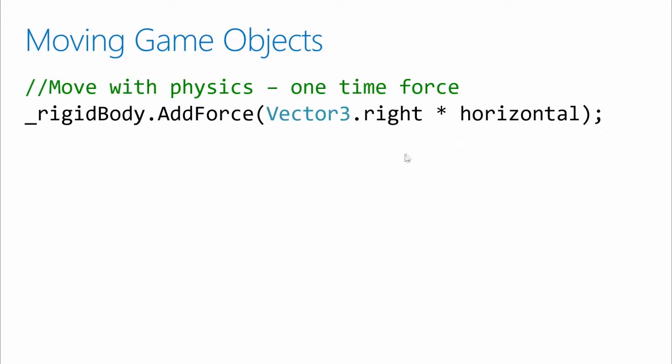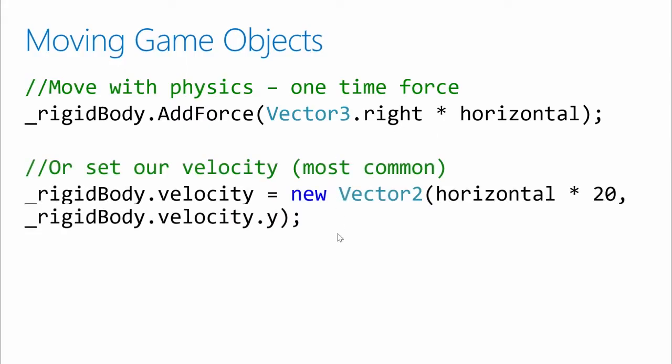Or if you want to act like you kicked an object, you could say add force and give it a vector of a direction, maybe 1, 5, 8, and then you give it some value of force. The most common way, and the way that we'll look at very shortly, and in most of our labs, is we actually tell the Rigidbody, the physics component, that we set a velocity.